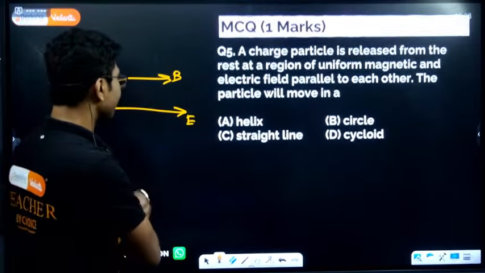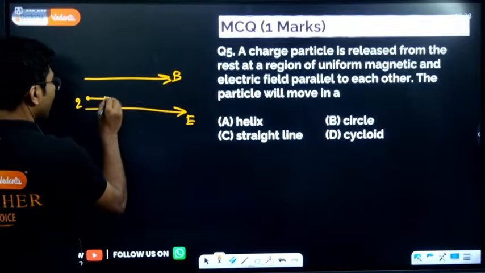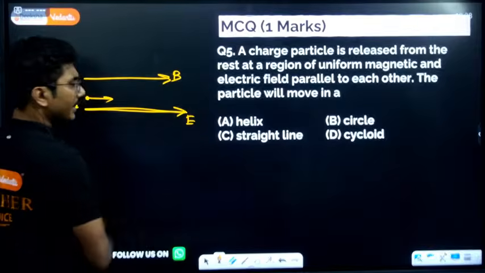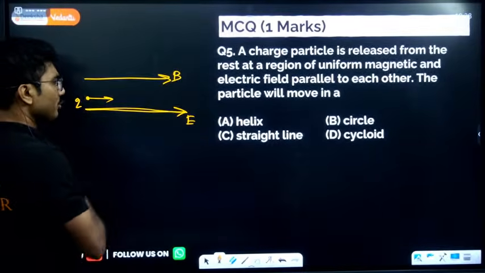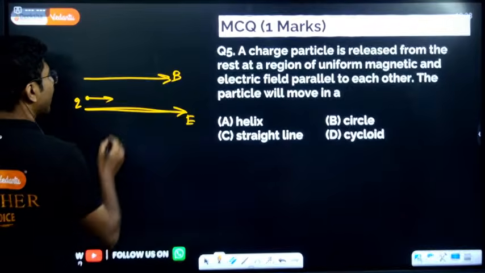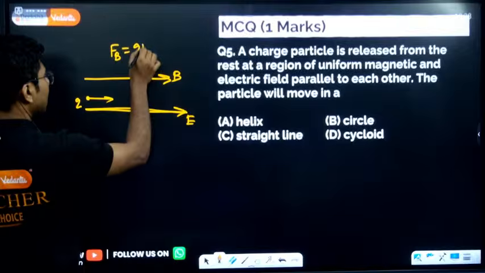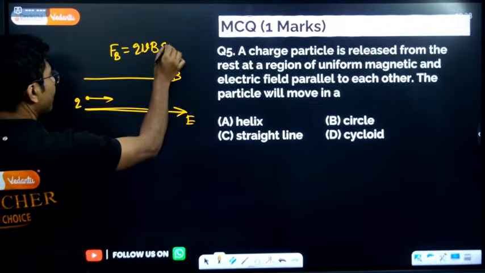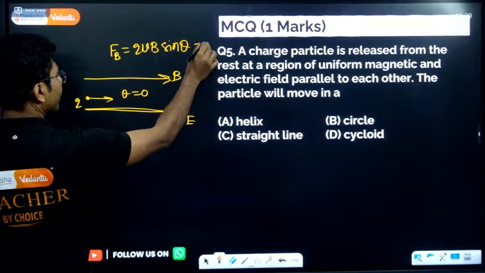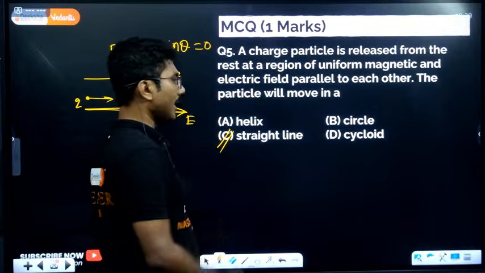The particle is released from rest, so it will move in the direction of the electric field, assuming the particle is positive. The magnetic field, however, will not apply any force because it is q v B sine theta, and in this case theta equals 0. So the magnetic force will be 0. So this will be a straight line motion.